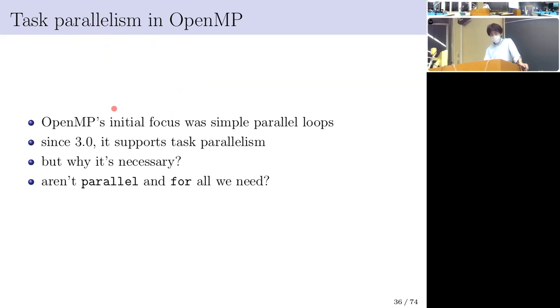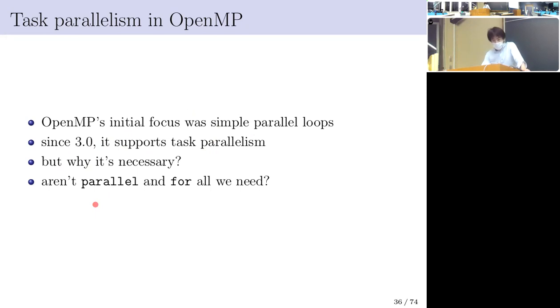Its original focus was simple parallel loops, just like I already explained. Starting from somewhere around OpenMP version 3.0, it started supporting what I'm going to explain, called task parallelism. But before getting into this, I guess you want to understand why it's necessary. What is the point?